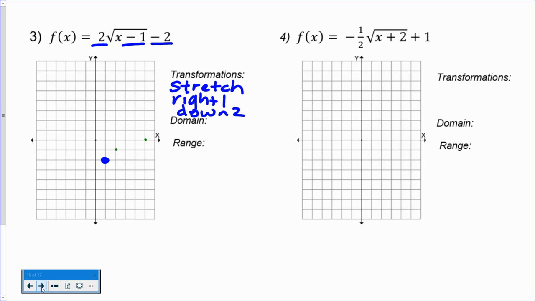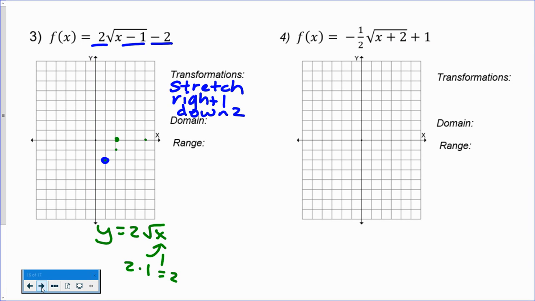But now what's happened with this 2, if I just ignore that -1 and -2, since I've already made those shifts, when you plug in 0, you get 0 times 2 is still 0. That's where I'm starting. If you plug in 1, the square root of 1 is 1. 2 times 1 is 2.